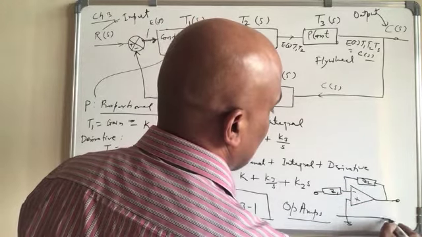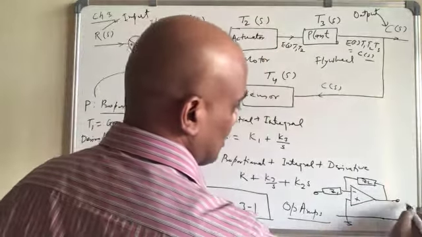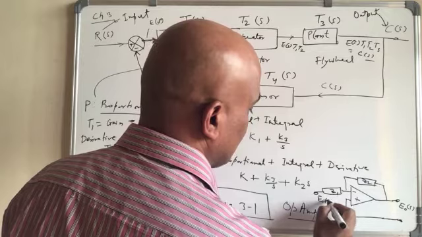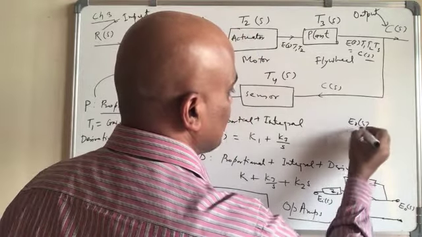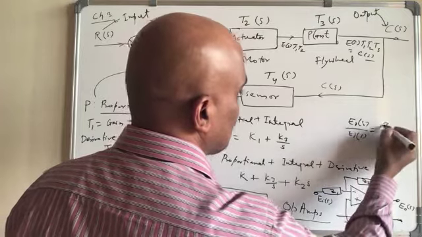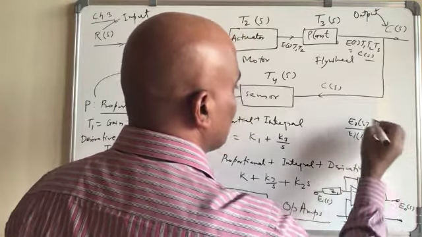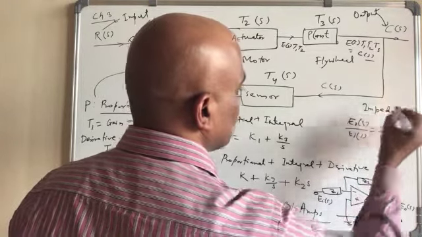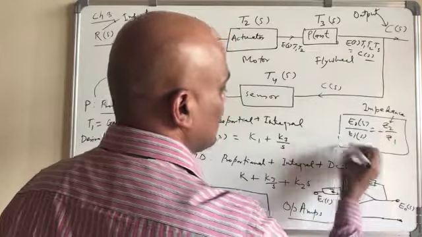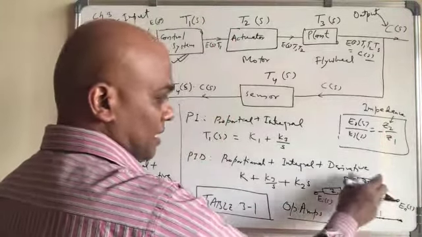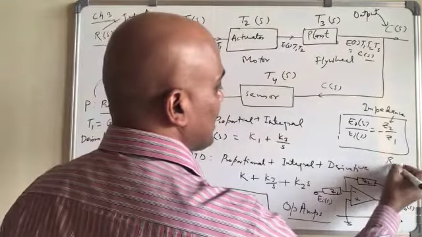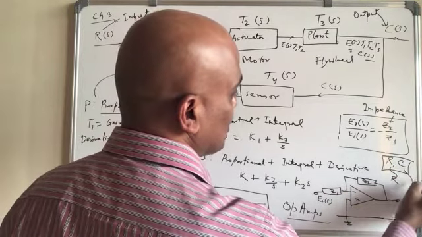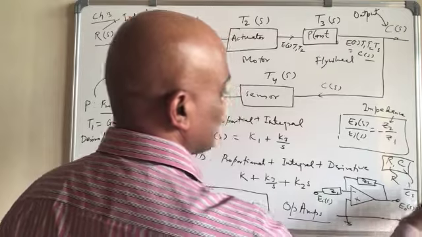Hence the output over input, this is E_O(S) over E_I(S), is given by minus Z2 over Z1, where these are the impedances. Using just some resistors and capacitors, if the resistor is there then you have just R. For C, you have to take 1 over CS.